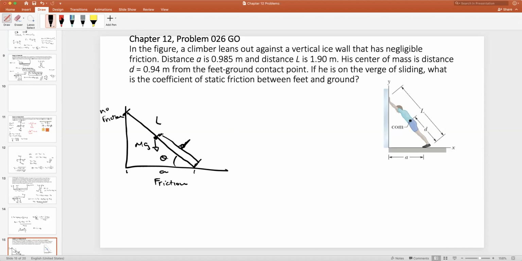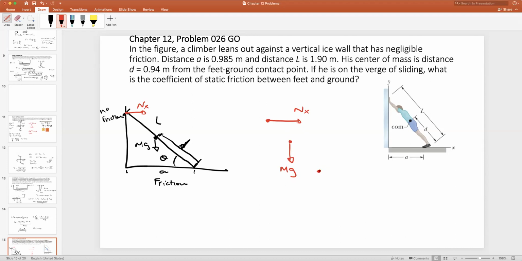Second thing, forces. We're going to have a normal force off the wall that I'm going to call N_x acting right here. There's no force up or down because there's no friction on the wall, but there's still a normal force pushing him away. At the center of mass, there's going to be a weight mg in the negative y direction.